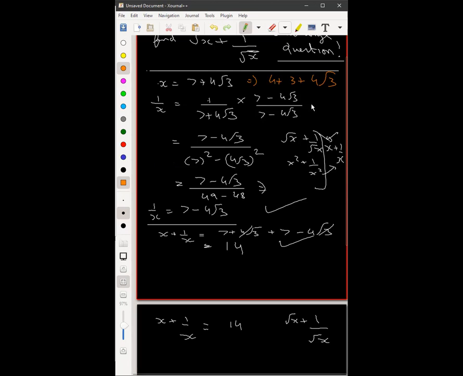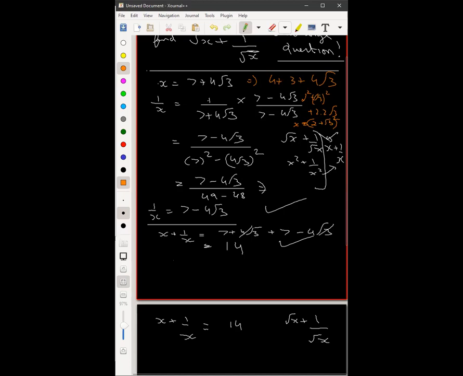Then x is equal to 2 plus root 3, the whole thing squared.